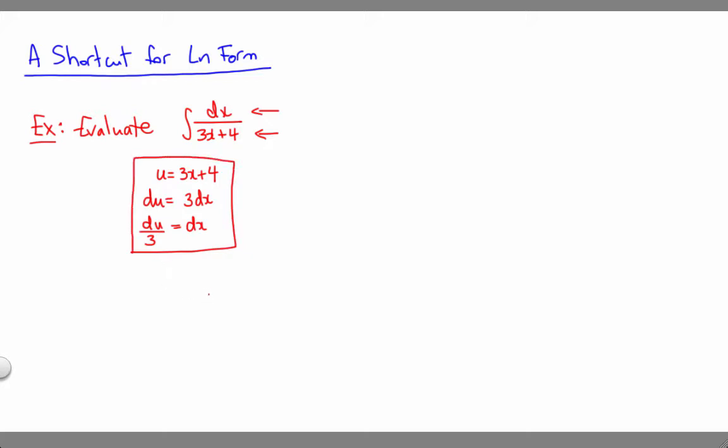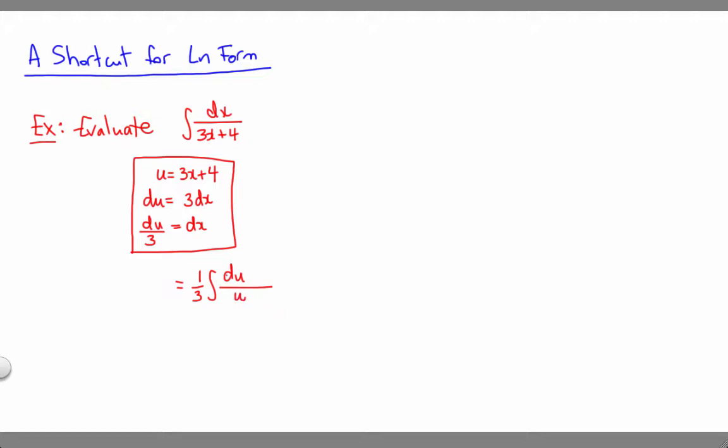And with that, we can rewrite our integral. So the integral in the question is equal to the following. We could rewrite the dx as du over 3. So I think I'll put the 1/3 out in front of the integral. And in the denominator, we're just replacing that denominator with u.